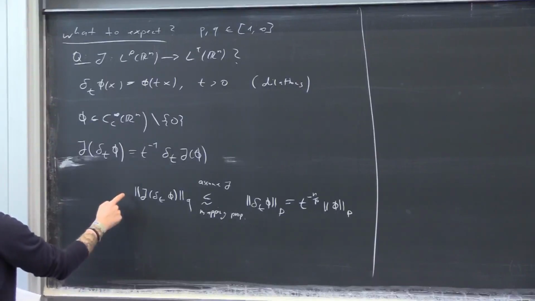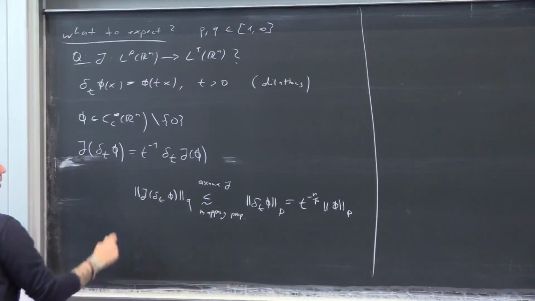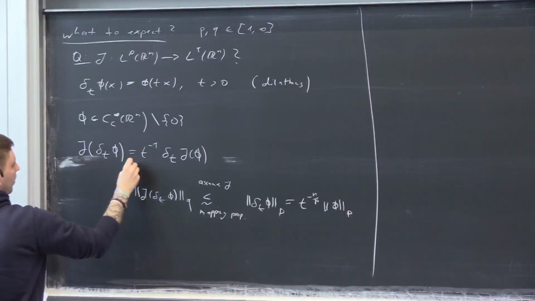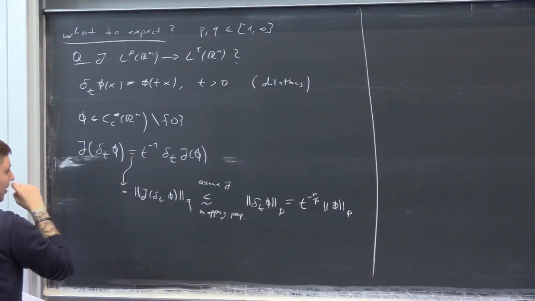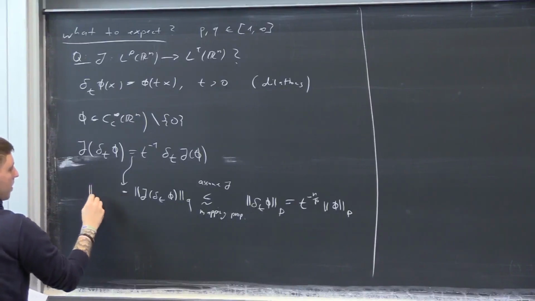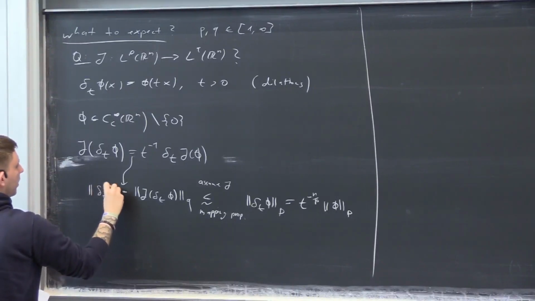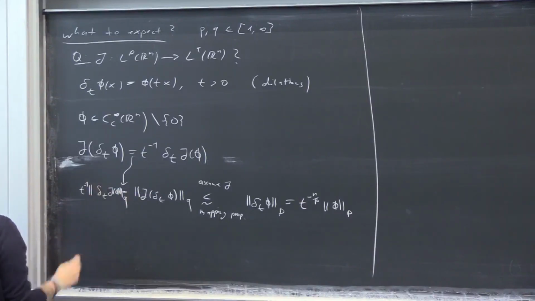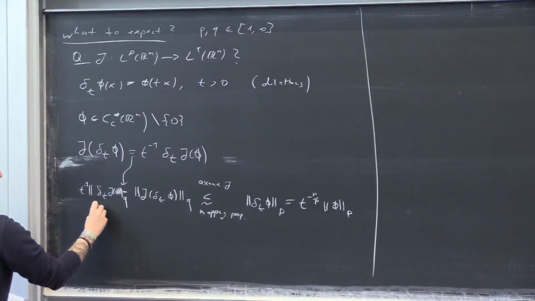Okay, and on the left hand side I first want to use this identity. So this comes from here. Then I get delta_t J phi in q norm with a factor t to the minus 1. And okay, I didn't do my spacing well, but let's write below.